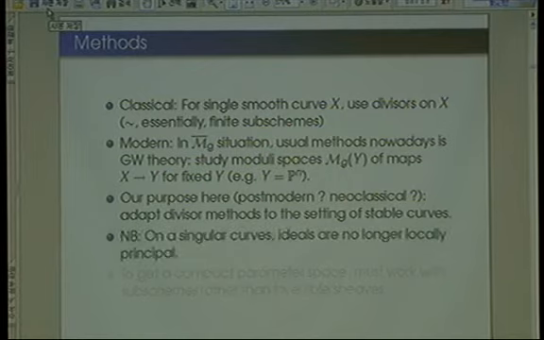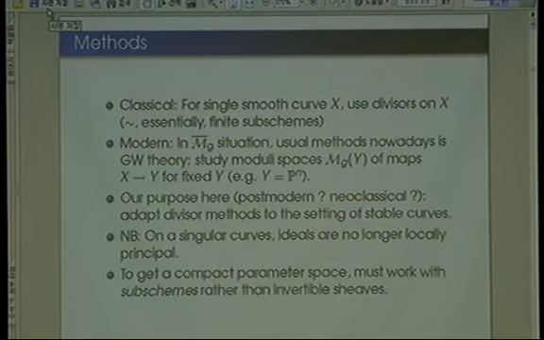And notice, it's a very basic fact of life that as soon as we have singular curves, ideals or subschemes are no longer always locally principal. So if you're going to try to work with a compact, complete parameter space, you have to work with subschemes rather than invertible sheaves. You have to have something with a geometric meaning.